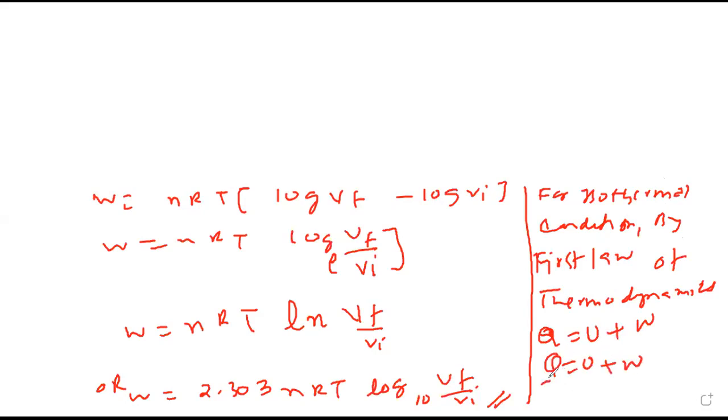So we can say heat supplied at isothermal condition is nothing but work done, which is nRT natural log of final upon initial volume. If they ask derive expression for heat, then you will write these two lines. Otherwise, W is nRT natural log V final upon V initial. 100% this will come if your teacher has done this chapter. Copy till end.